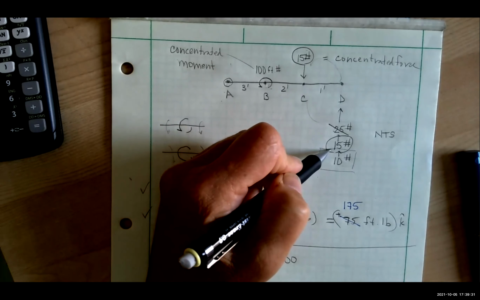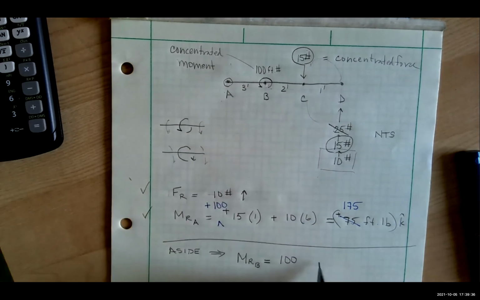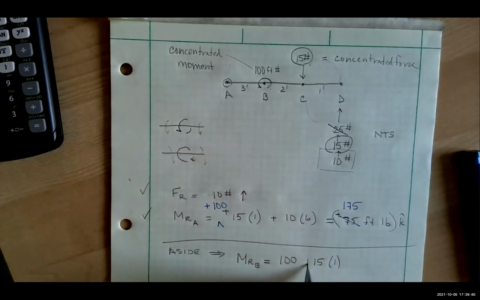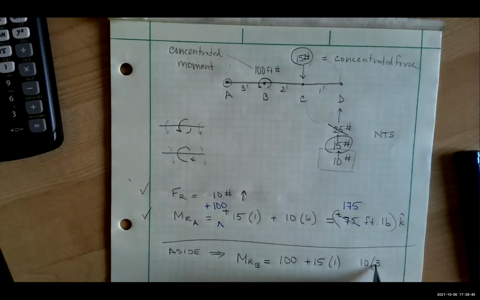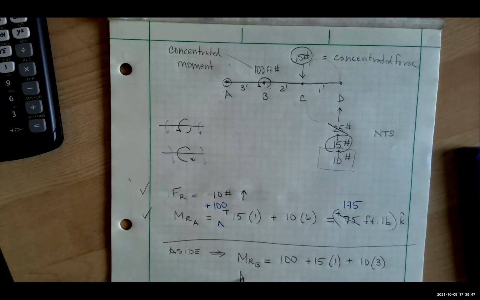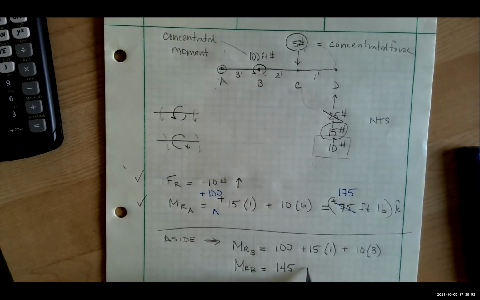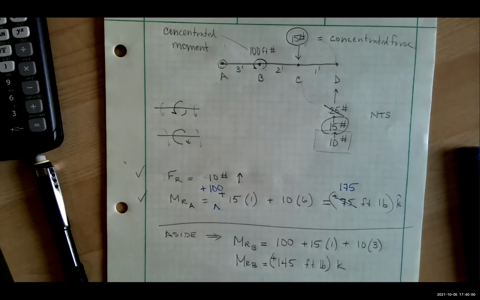The 15 does not couple, does not create. Oh, sorry, it creates. I don't have to go all the way back. It's just times 1. It's positive. And then I have the 10 times 3, and it's positive. So the resultant moment about B comes out to be 145 foot-pound, and it's in the K, and it's positive. So this is a very tricky thing.